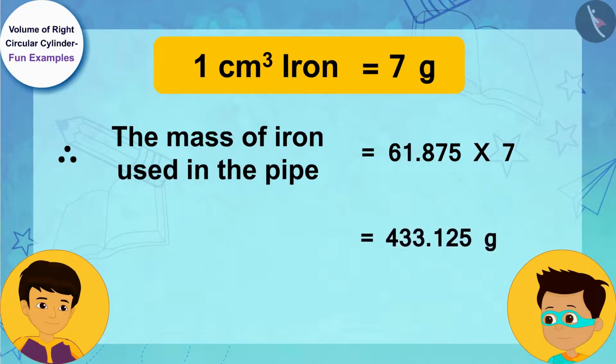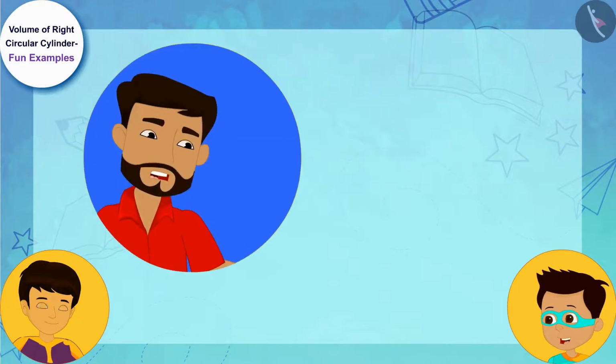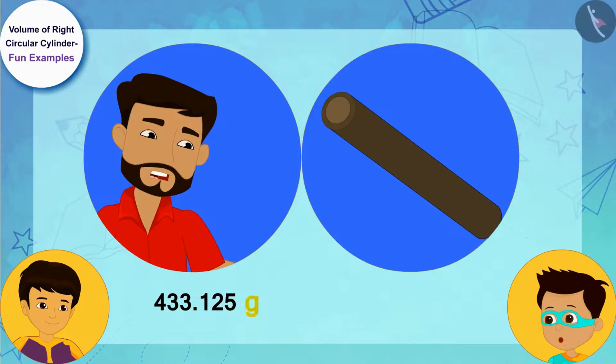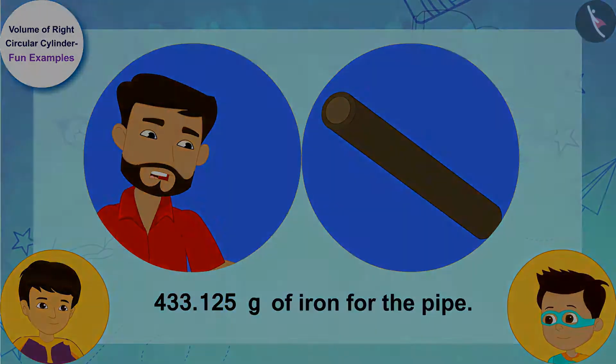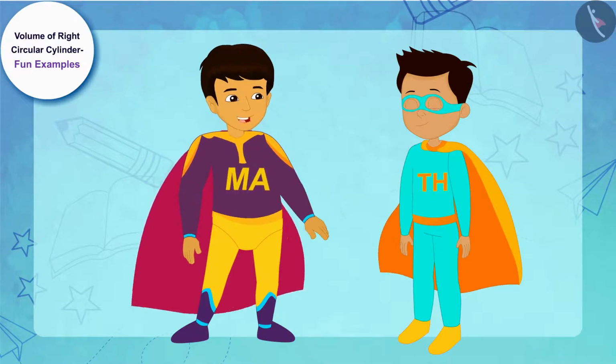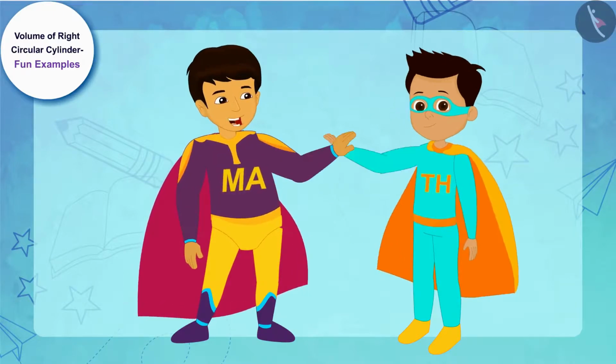That is 433.125 grams. Look, Manas, Uncle needs 433.125 grams of iron for the pipe. Haha, come on Thomas, let us quickly return to our world. Uncle will be waiting for us.